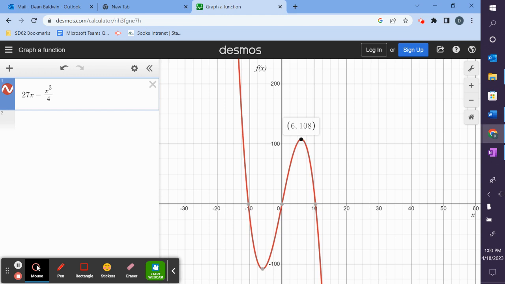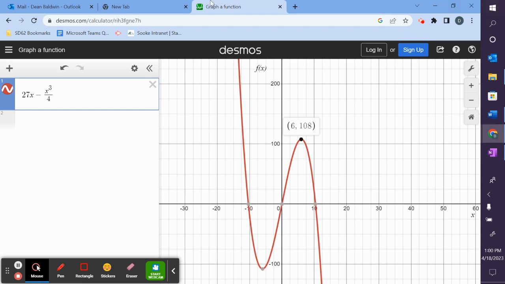And if you go past that, it starts to go down. And if you're on the other side of it, it's down as well. What if you go to the negative side? Well, these are negative values, so that doesn't make any sense.